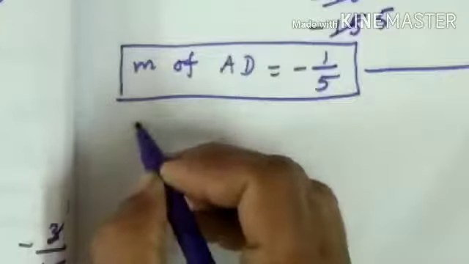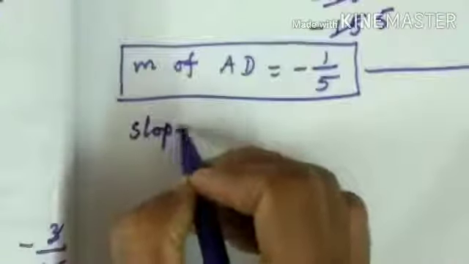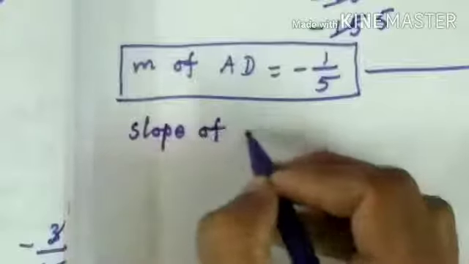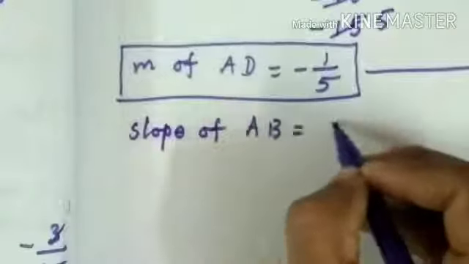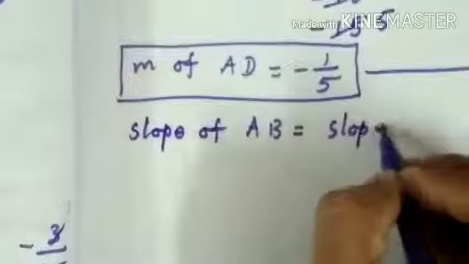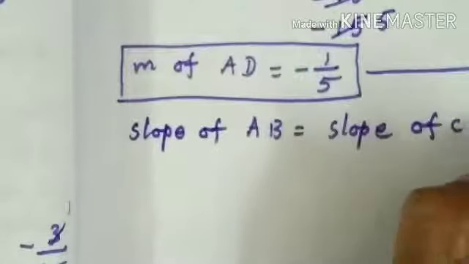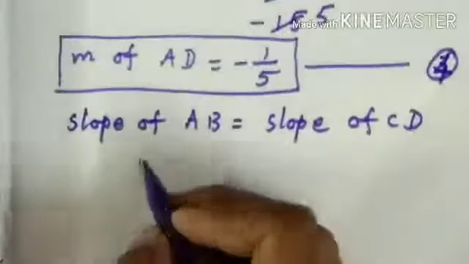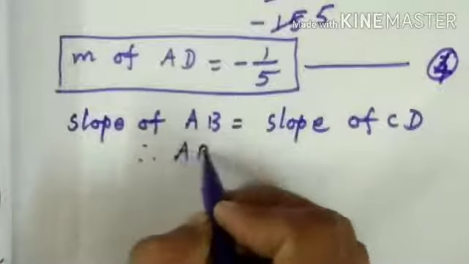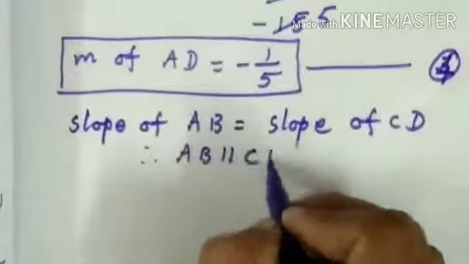Slope of AB is equal to slope of CD. Therefore, AB parallel to CD.